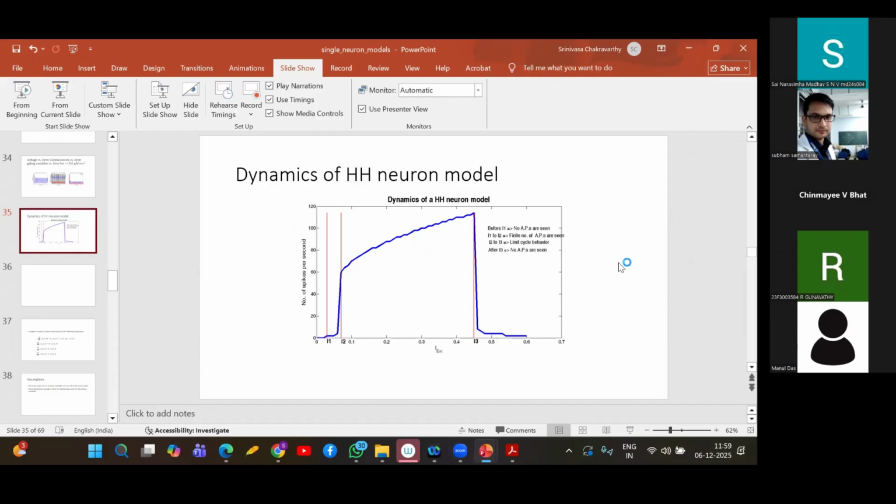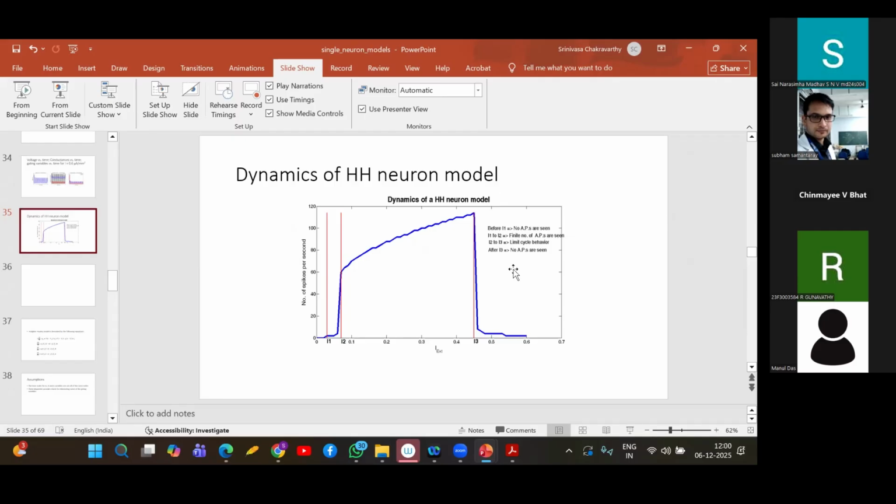So a lot of things are happening inside a neuron. What I want to get out of this model is the input-output relationship. What is the input? Current injected into the neuron. Output is a frequency of action potential, some f. This relationship is what I want to know. But to understand that in great detail, I have to write down all these equations. But at the end of it, I just have this curve.